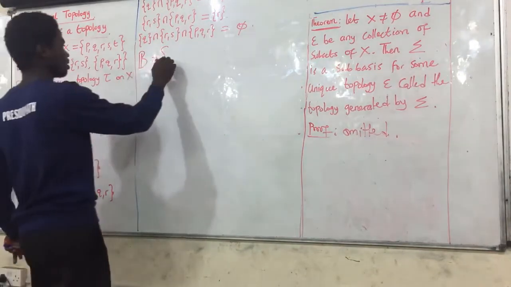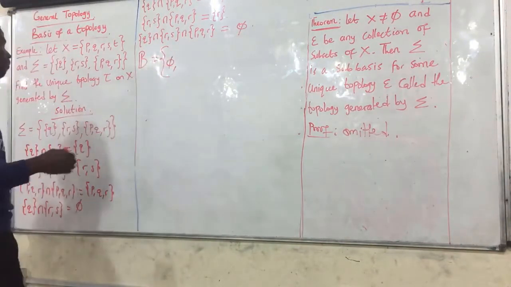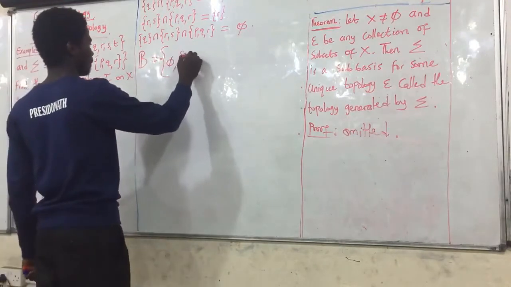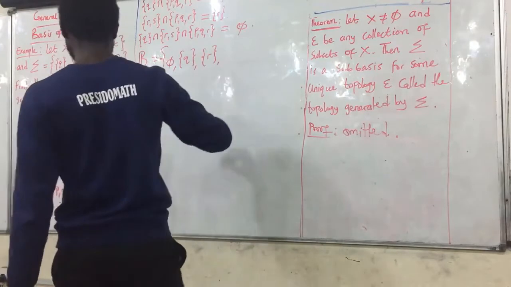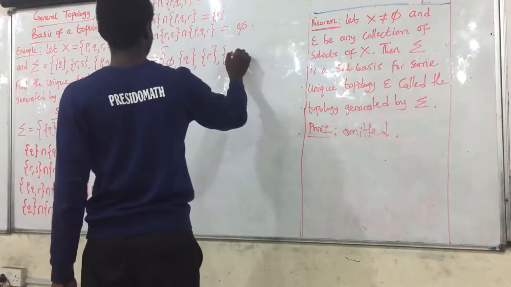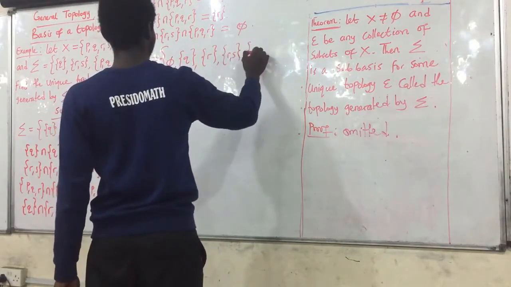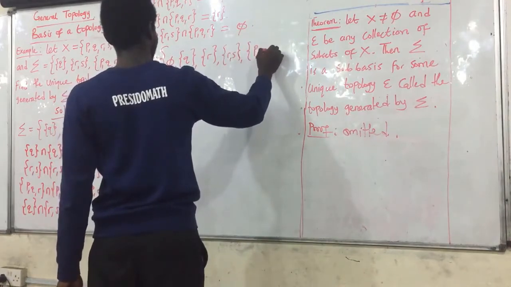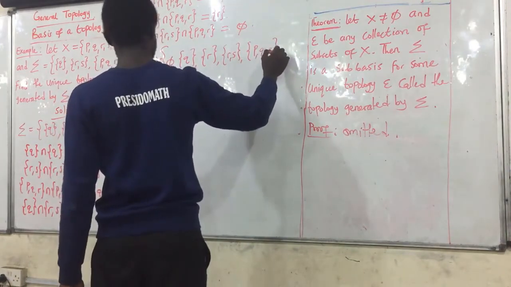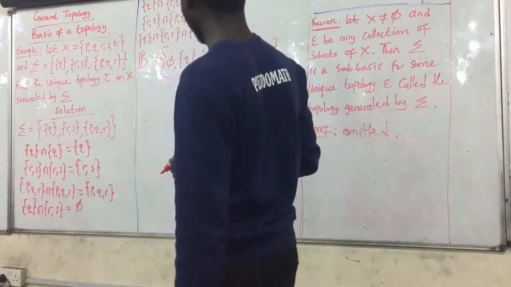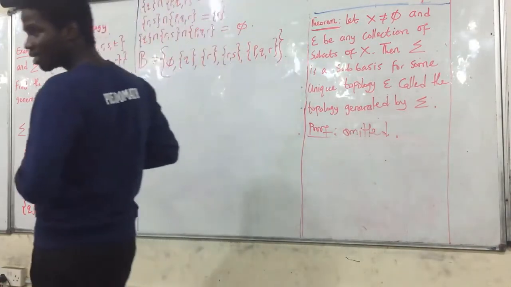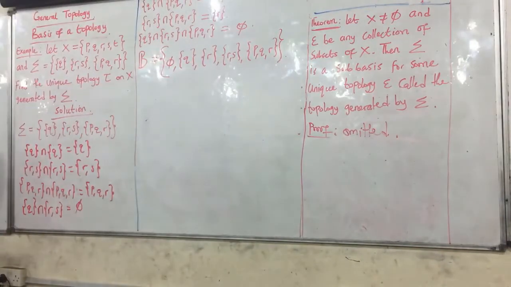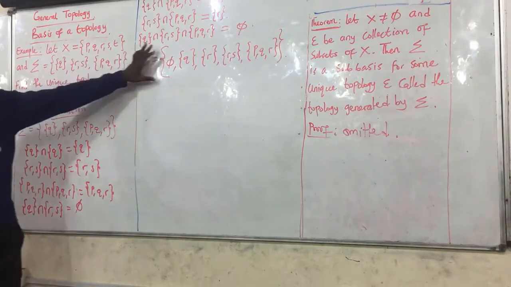I have the empty set, I have Q, I have R, I have RS. So you can see that the intersection of all the elements in the sub-basis, like I have told you, forms a basis.